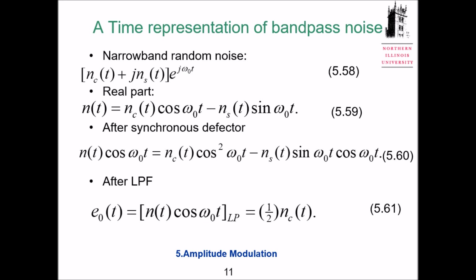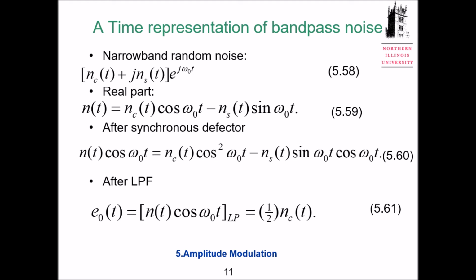Here we are going to have half of 1 plus cosine 2ω0t. This one will be sine over two.